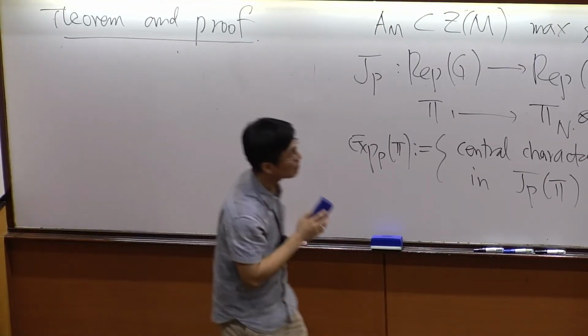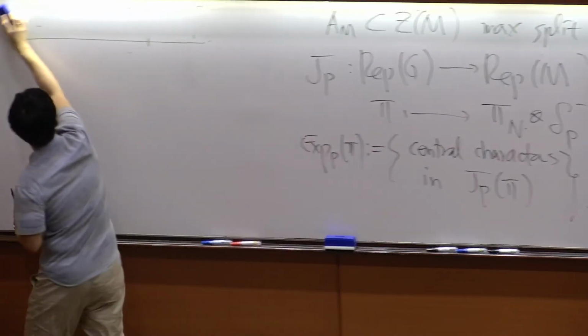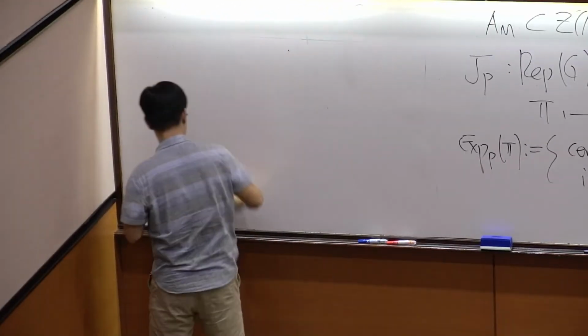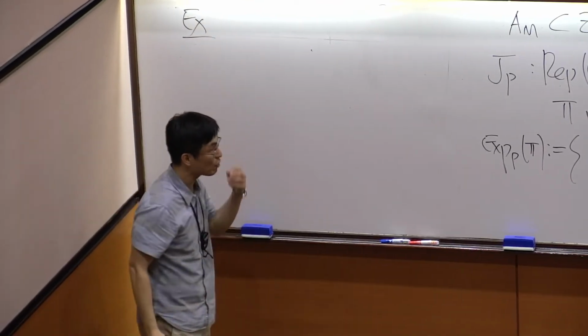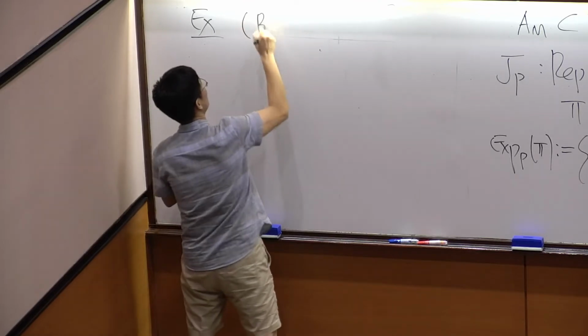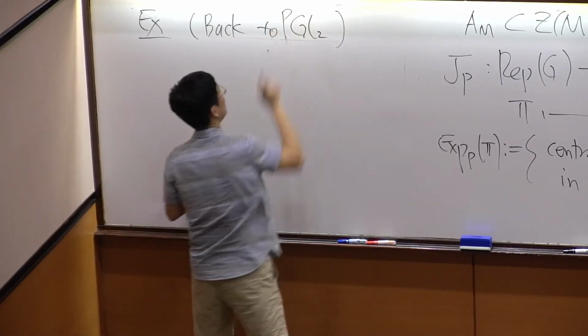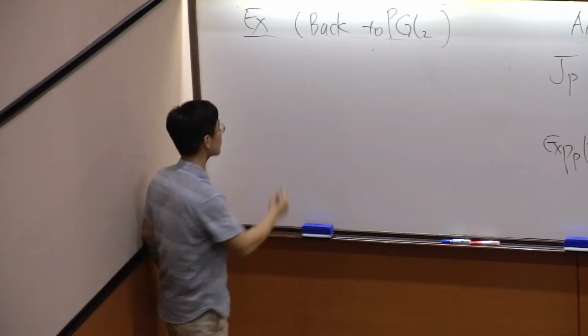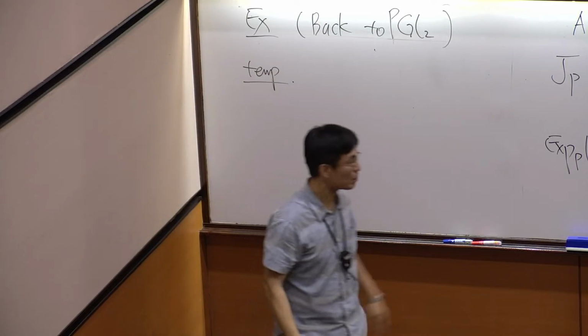So let me see. Maybe I'll apologize. Let me illustrate this example, going back to GL2 or PGL2. So in the tempered case, what happens?